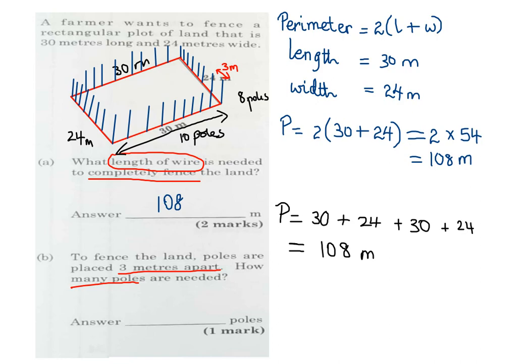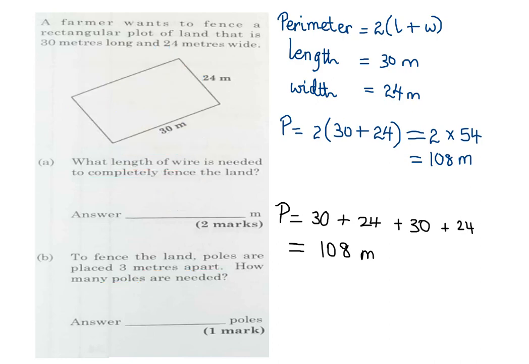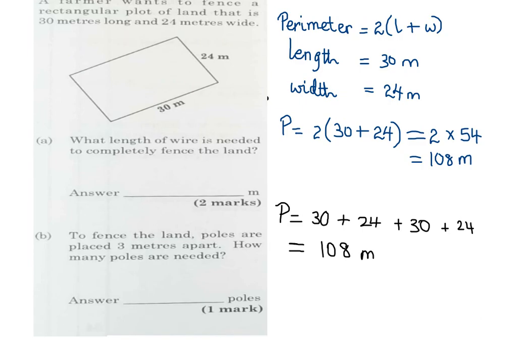So in total, the number of poles needed is really and truly 44, right? What I just want to check here is what is the amount of marks for the question? 1 mark, right?